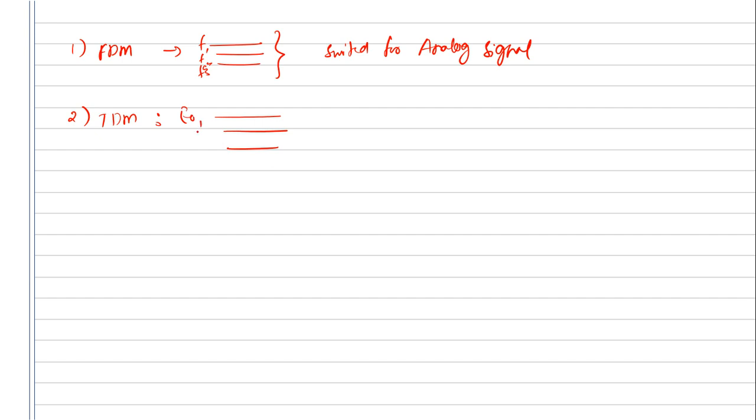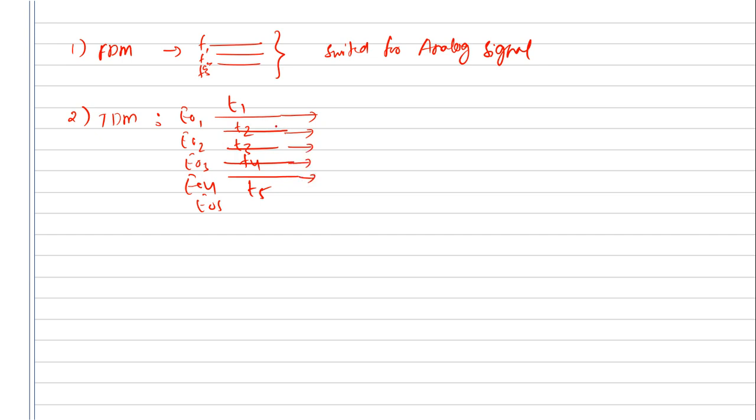So I have E01, E02, E03, and E04. Now each of them is assigned a different time slot. This is assigned T1, this T2, T3, and T4. If it is E05, we have T5. Now each of them can send in their respective time slots.